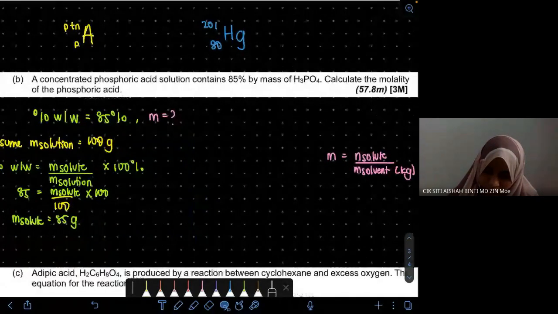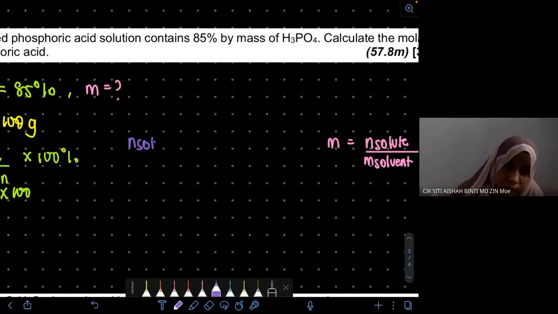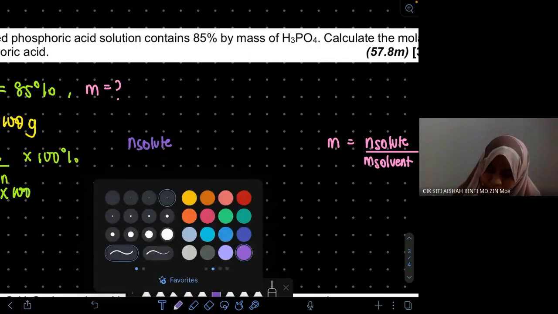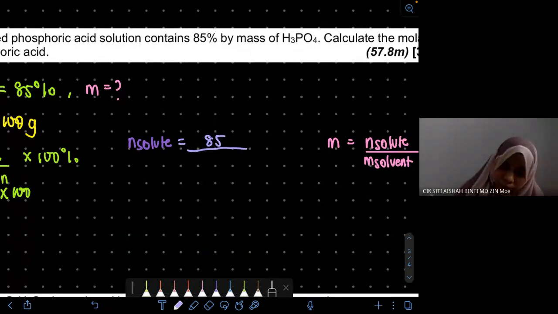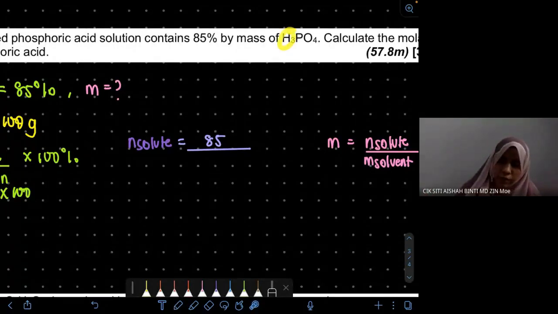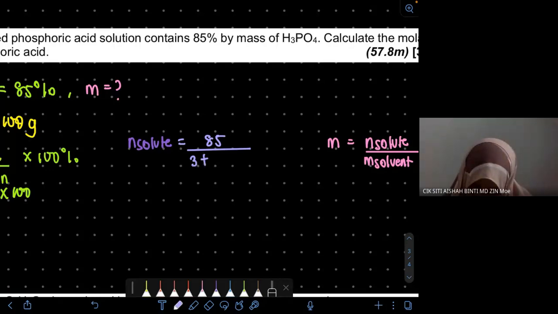Number of moles of solute equals the mass, 85, over the molar mass of H3PO4. H has molar mass 1, but multiplied by 3, so it is 3, plus P. Let's look at the list of constants for phosphorus: P is 15, and the last number is 31.